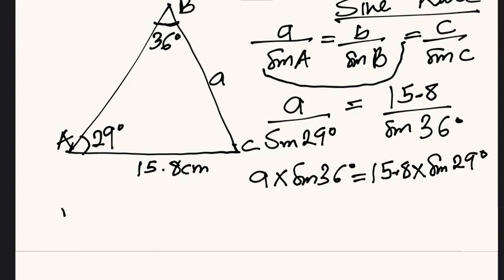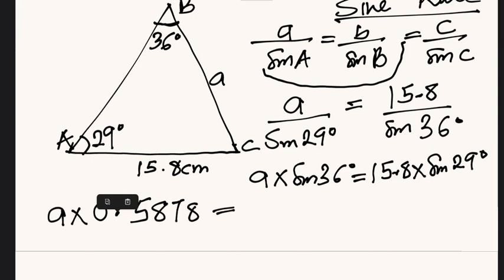So let's try to use our calculator to find the value of sine 36. Sine 36 gives us from calculator 0.5878, which is equal to 15.8 times sine 29.